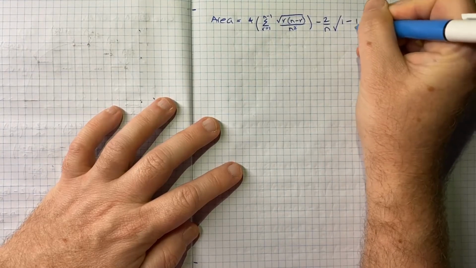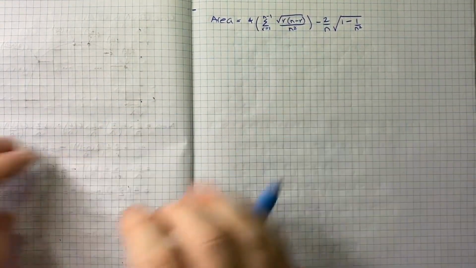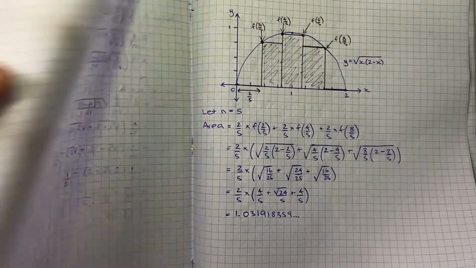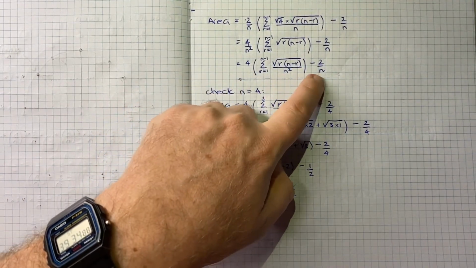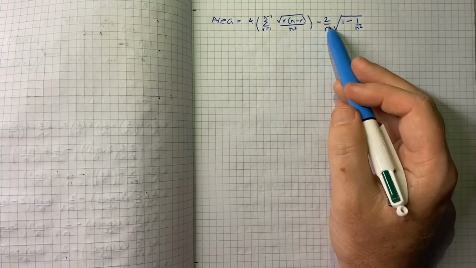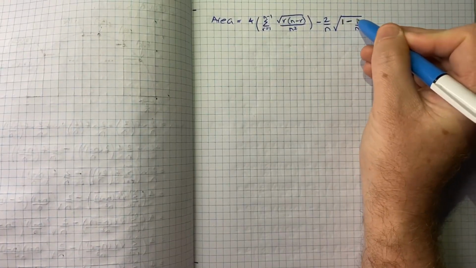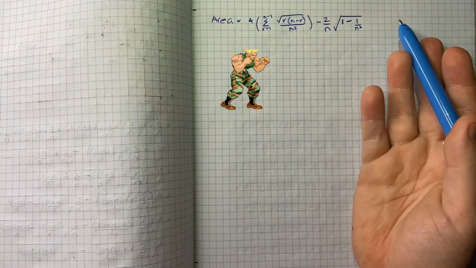And notice that this is essentially, if again I just flick back to our case where n is even, essentially the same, except the thing we're subtracting, instead of just minus 2 on n, it's minus 2 on n times the square root of 1 minus 1 on n squared. It's that slightly different adjustment, which is why we get different numbers when n is odd.